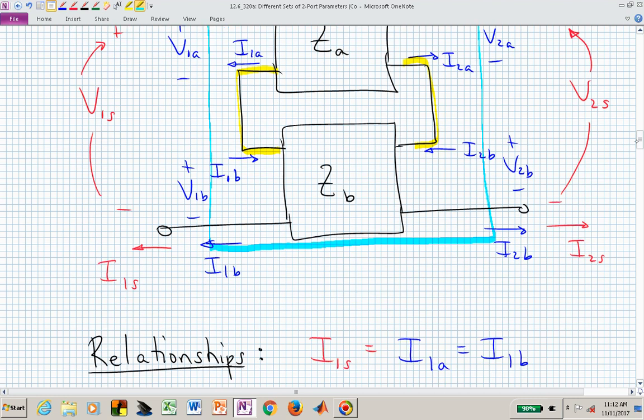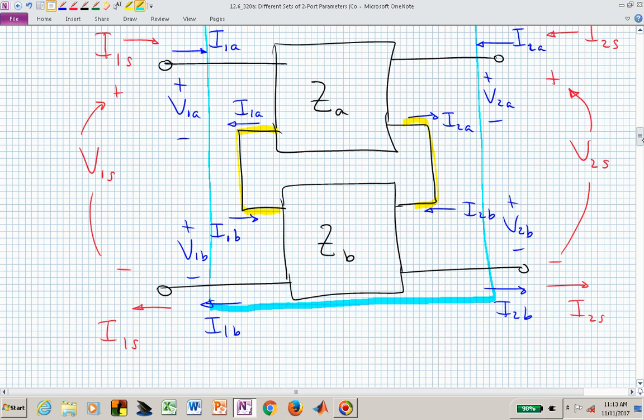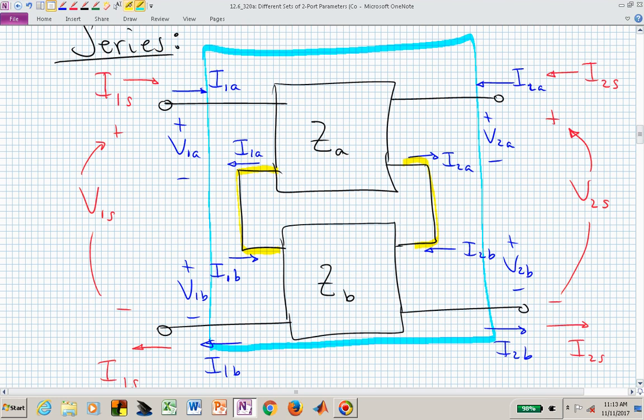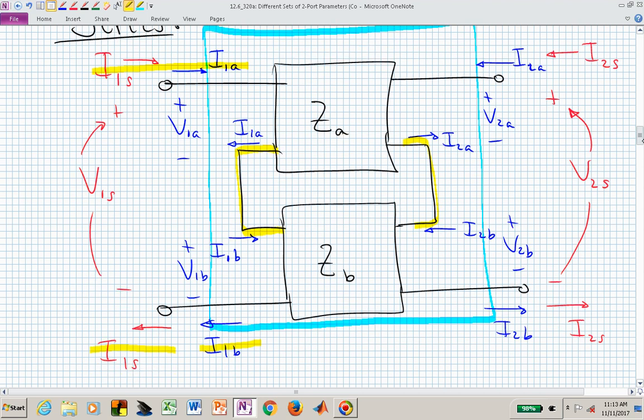Well, what are some relationships? If we look at I sub 1s in this diagram, here's I sub 1s, but that's the same as I sub 1a. But I sub 1a is coming out of 2-port A, but it's also going in as the I1 current in 2-port B, and that's coming out of the bottom, and so that is in fact equal to I sub 1s.